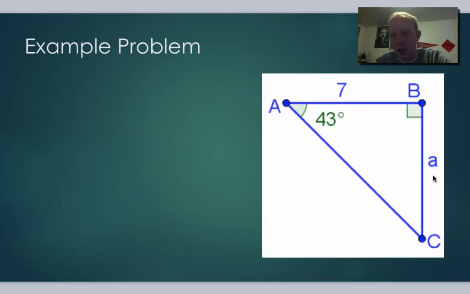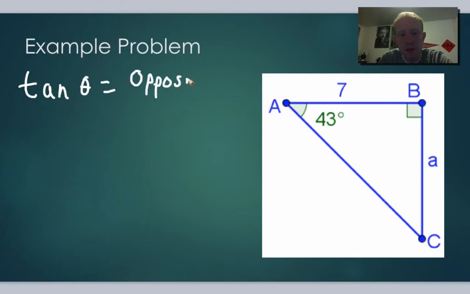In this case, we're trying to find this side right here, A. We're going to need to use a trig ratio, since we only got one side length, so we can't use just a standard Pythagorean theorem. If we have an opposite side and an adjacent side, that's going to be tangent. So the tangent of the angle is equal to opposite over the adjacent.